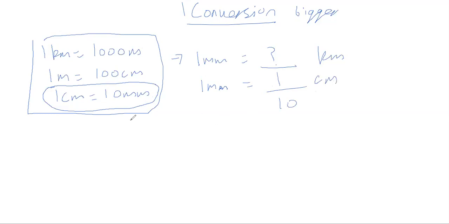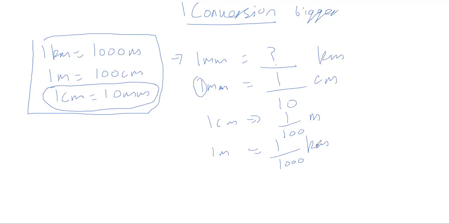Now convert from centimeter to meter. In 1 centimeter there are 1 over 100 meters. And in 1 meter there are how many kilometers? 1 over 1000 kilometers, right?